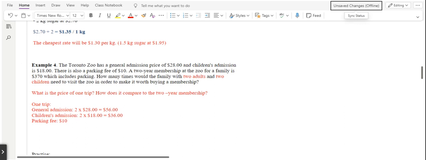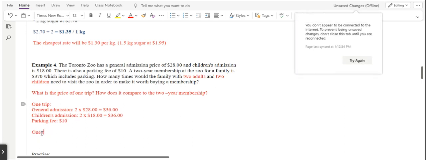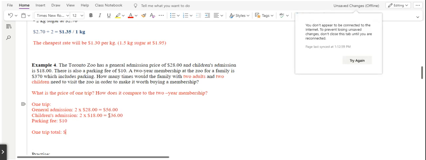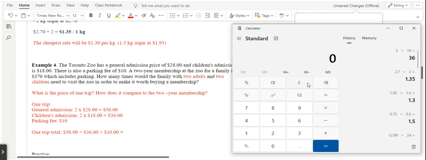Okay, so the one trip total, and we don't need to pay the parking fee twice in a trip, right? You just park your car for the day or however long you're going to be there for. It's just $10. So this is going to be $56 plus $36 plus $10. So we can add these together at high speeds.